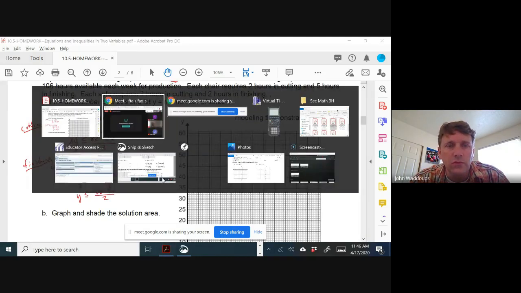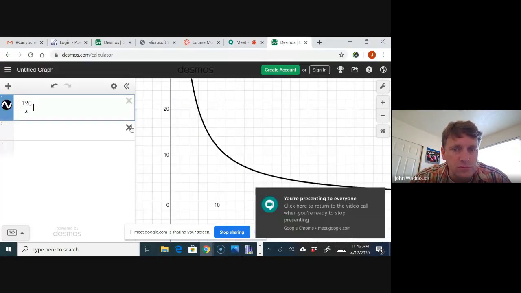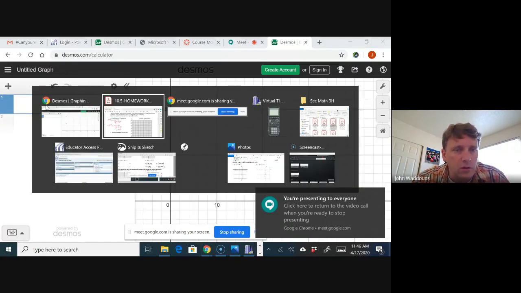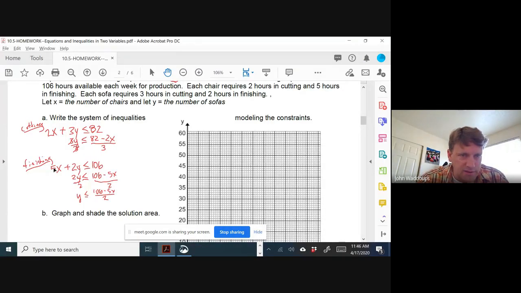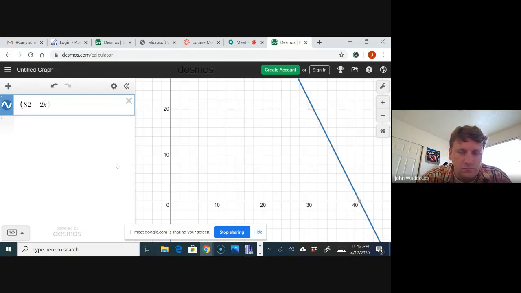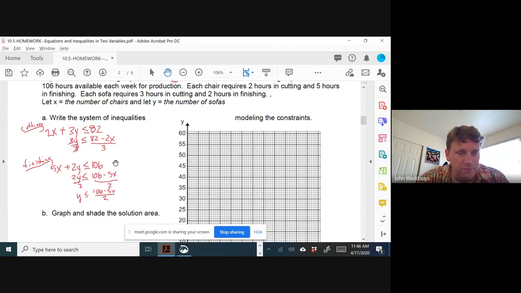So going back to Desmos. I just have to make sure that I put parentheses around the part that is in the numerator, 82 minus 2x. I'm going to divide that by 3.